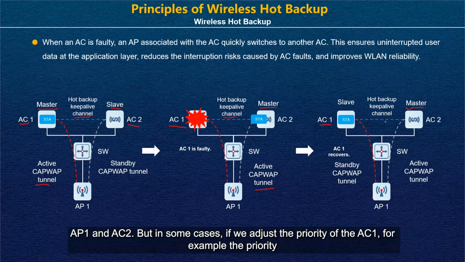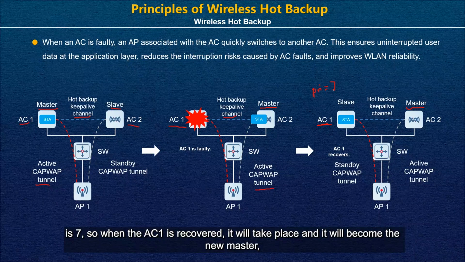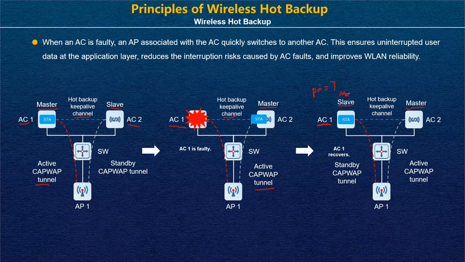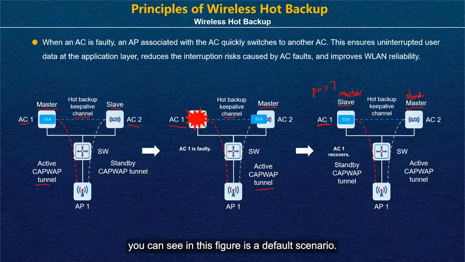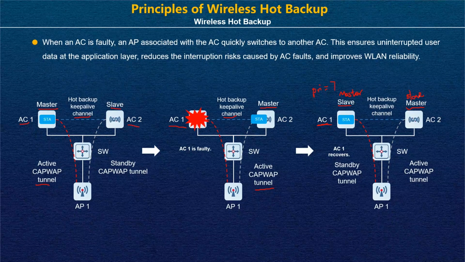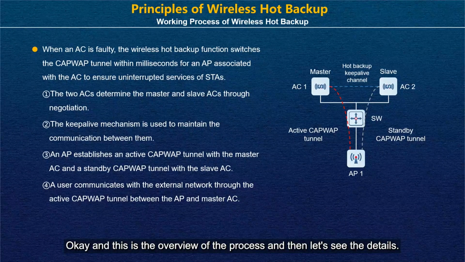But in some cases, if we adjust the priority of AC1, for example to 7, then when AC1 is recovered, it will take over and become the new master, and AC2 will become the slave again. So it depends, and what you can see in this figure is a default scenario. This is the overview of the process, and then let's see the details.